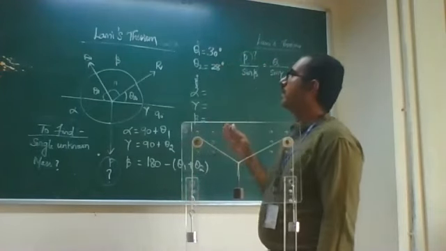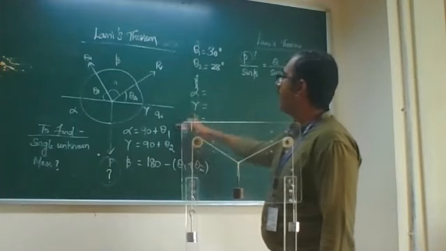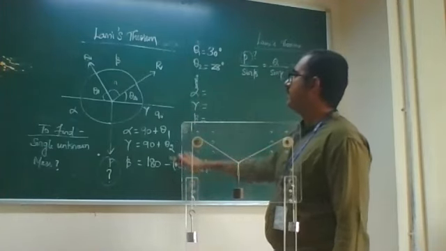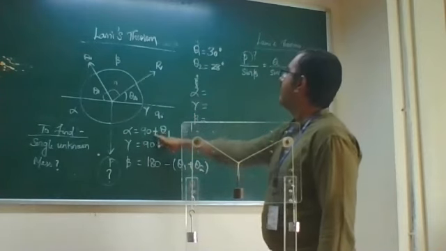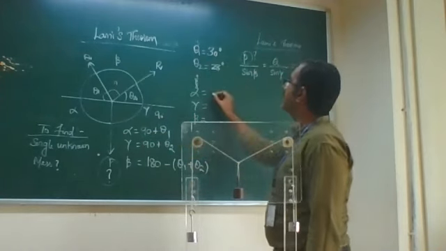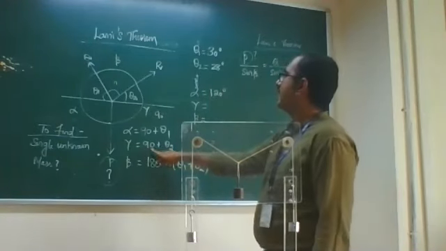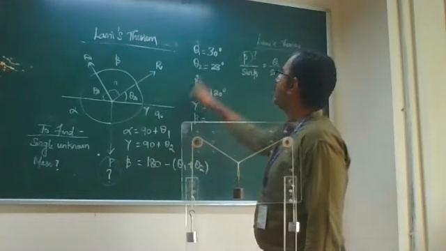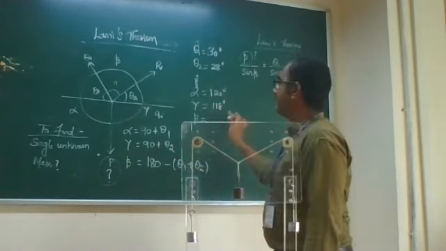Once we know theta 1 and theta 2, we can find the values of alpha, gamma and beta. Alpha equals 90 plus theta 1, so 90 plus 30 gives 120 degrees. Gamma is 90 plus theta 2, so 90 plus 28 gives 118 degrees.